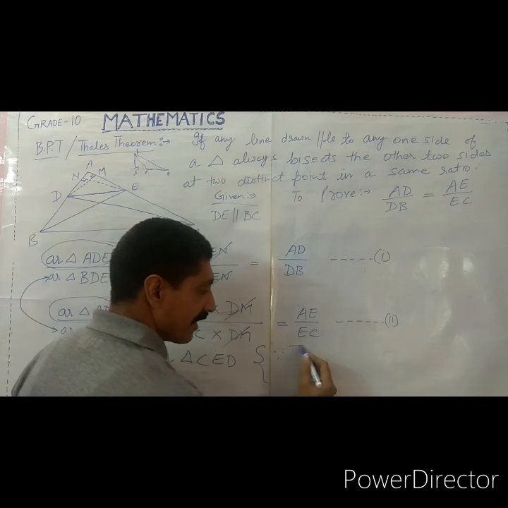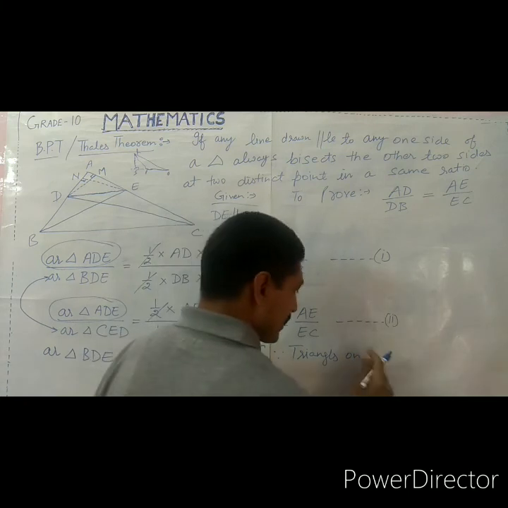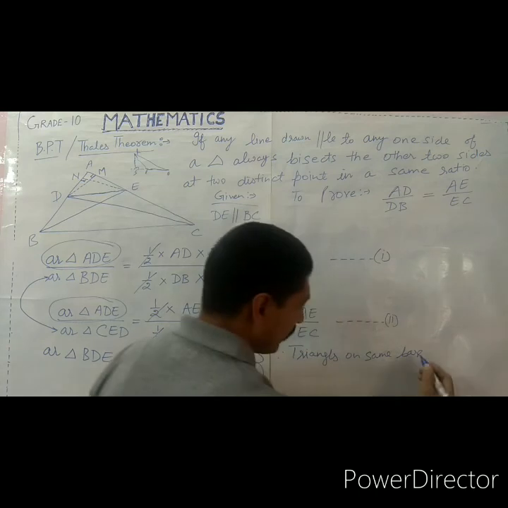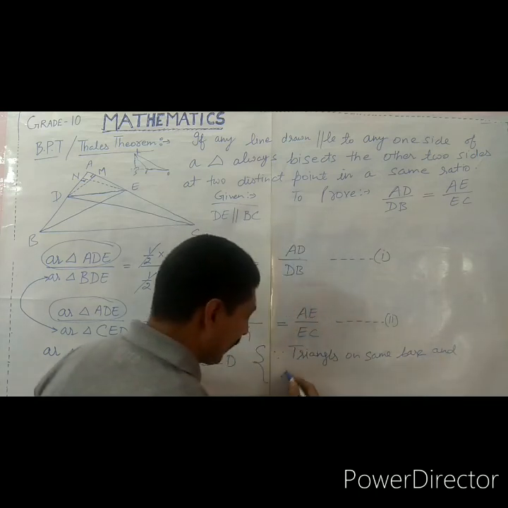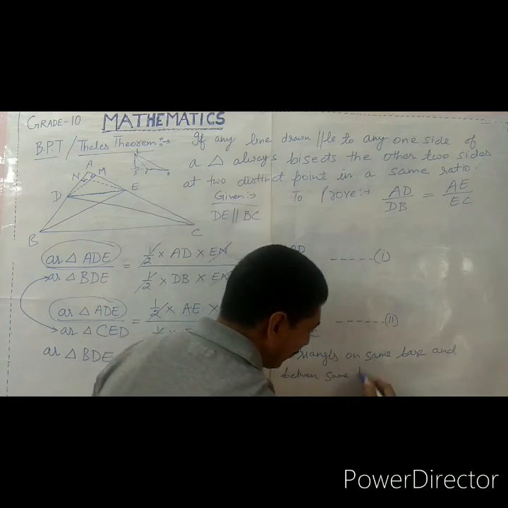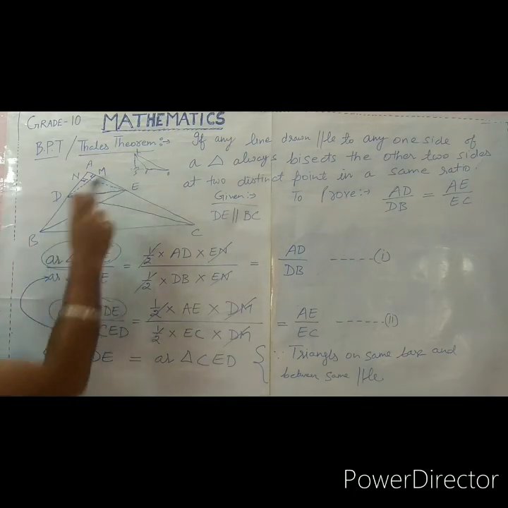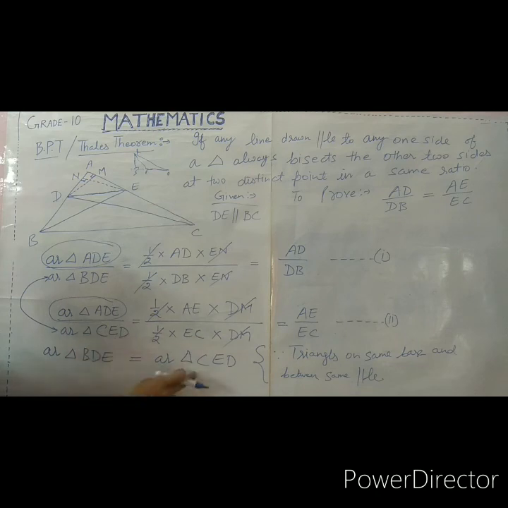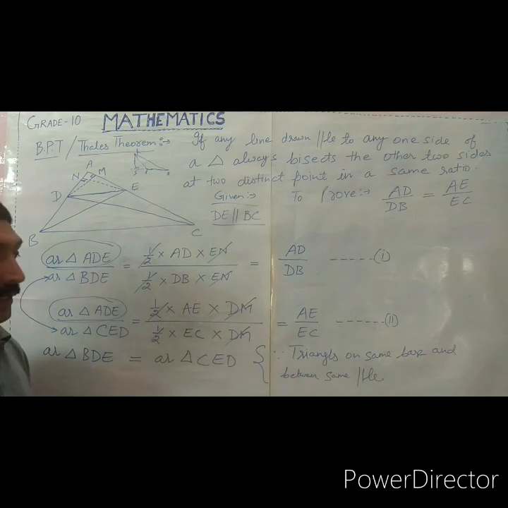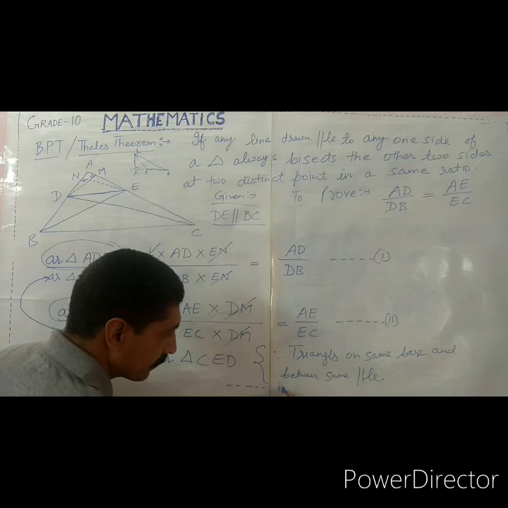So here you have to give the logic. Because triangles on the same base and between the same parallels are always equal in area. So here DE is the same base for these two triangles, and these lie between these two parallels. So this is equation number 3 here.